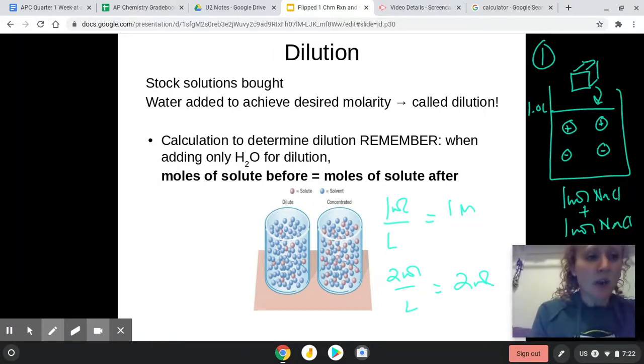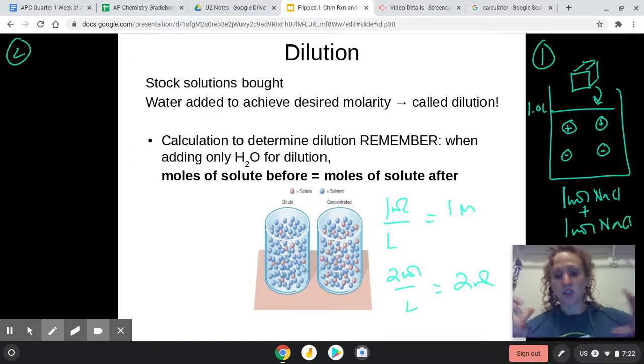So that's one way we could change the solution and change the concentration of our solution. A second way we can change the concentration of our solution is through dilution. And lucky for you, you already talked about this a little bit. This is what we dealt with in lab 1 and lab 2. Half of the lab was dealing with creating these stock solutions, creating these standard solutions so we could create the standard graph, right?